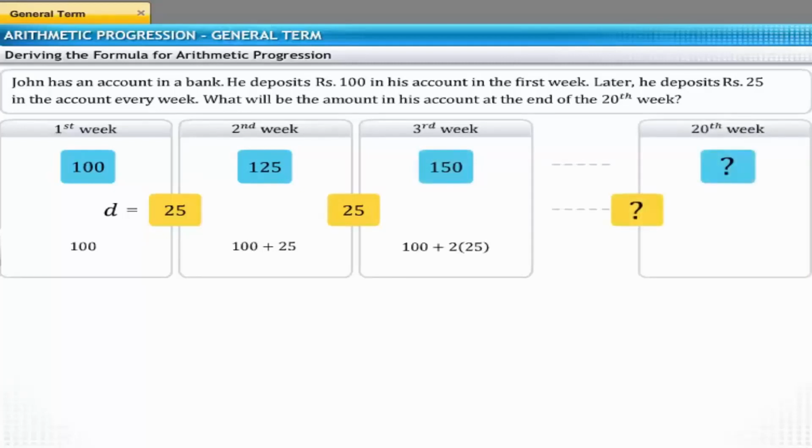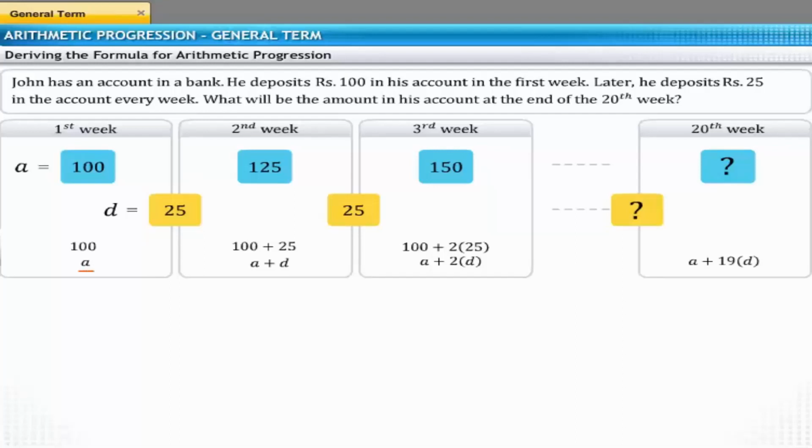Let John's savings in the first week, that is, the first term in the sequence, be A. In this problem, 100 equals A. The common difference, 25, equals D. As you can see from the table, the general form of AP is A, A plus D, A plus 2D, and so on.